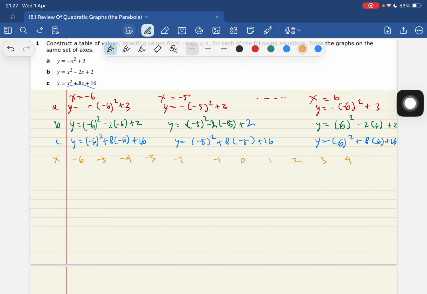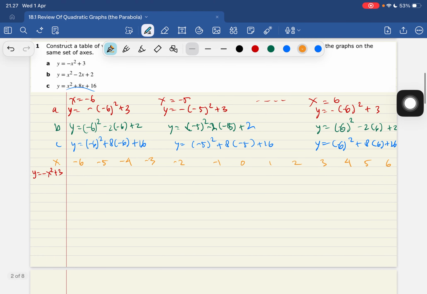After 4 we get 5, then 6. So this is for a, when y equals -x squared plus 3. We can just substitute, then we will get the answer for each.